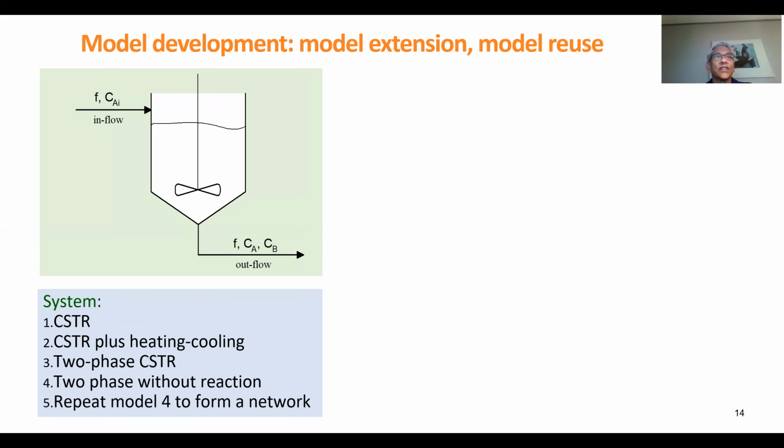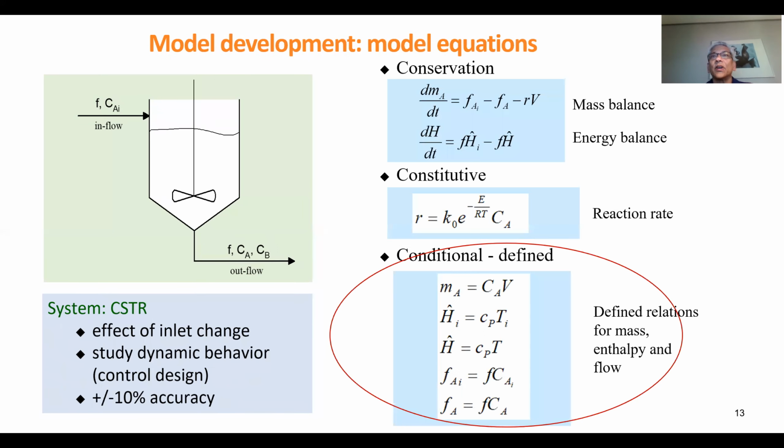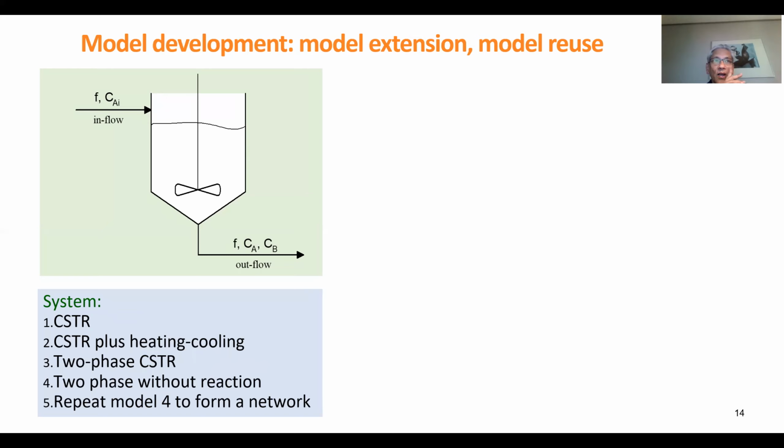So we have the CSTR model from before. Now let's say that we want to add some heating or cooling so that we can use this model at different temperatures. Also, we could say that this model that we have is one phase, but because of the temperature change, there could be two phases.